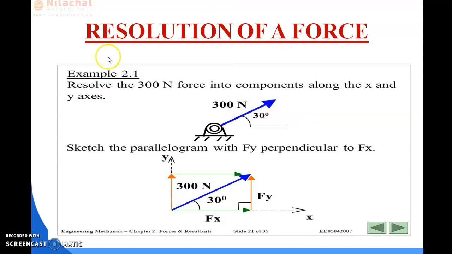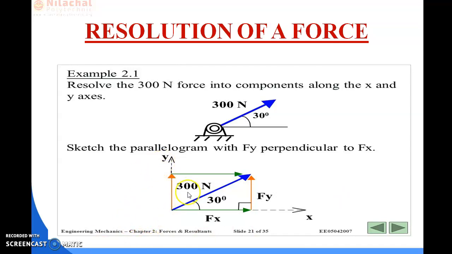Whenever we make the diagram with respect to the x-axis and y-axis, this one is your x-axis and this one is your y-axis. So we draw here the x-axis and the y-axis.